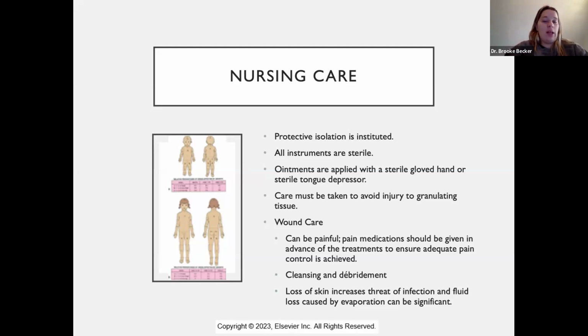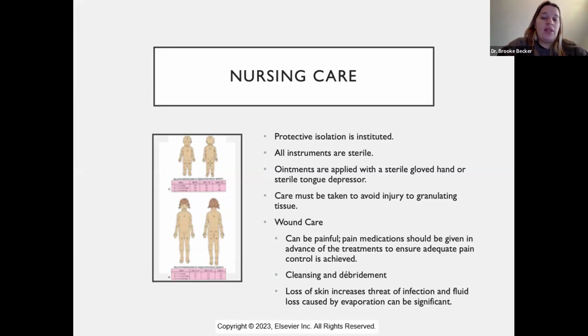The wounds will need to be cleansed and debrided. How often that happens depends on the type of burn and your orders. Usually it's once a week with some burns, but if it's not a really thick, full thickness burn, then it might be a couple times a week or even once a day.